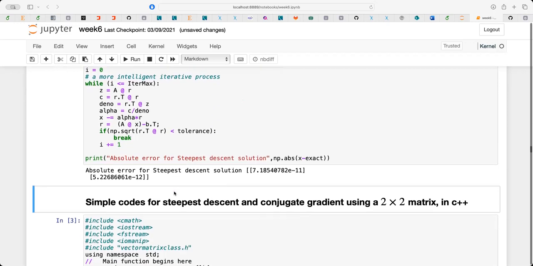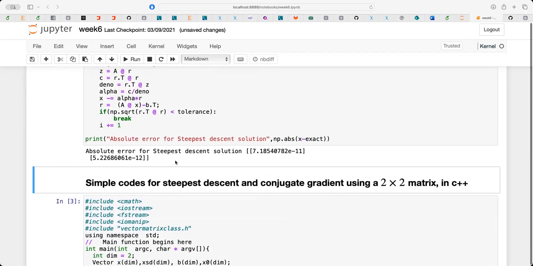And the error is roughly of the same quality as you have here. So this method is superior to standard gradient descent, as you can see. But it means that you should be able to calculate the matrices which you have in the problem. And the same, you need to be able to calculate this vector B.